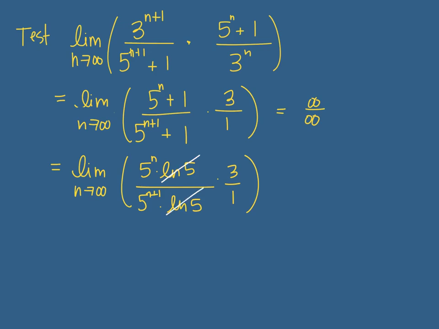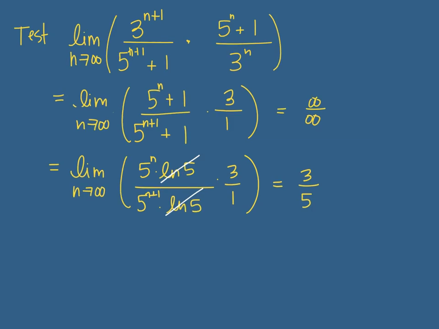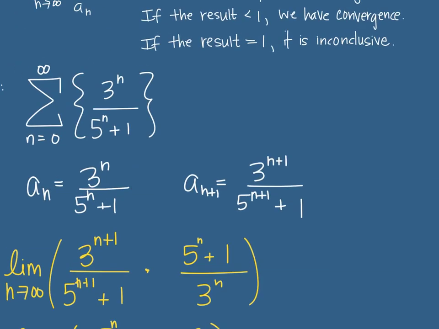They reduce. And what happens to the 5 to the n on the top and the 5 to the n on the bottom? They reduce as well, and I get 3/5. So my result was, in what relationship to the number 1? Less than 1. Therefore it converges. And so my original problem is proven to converge.